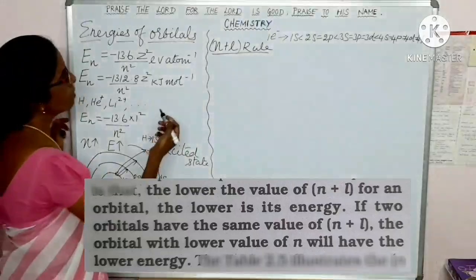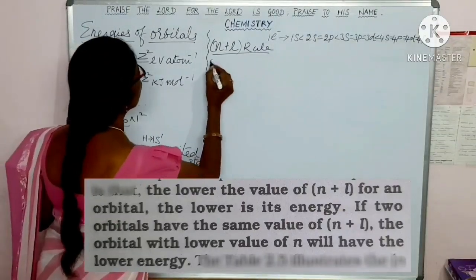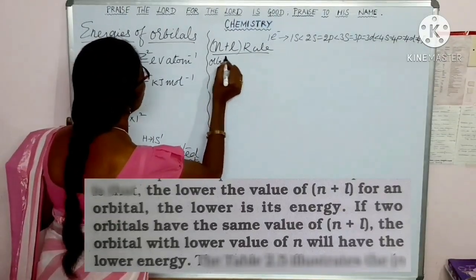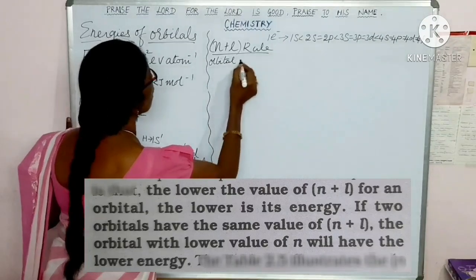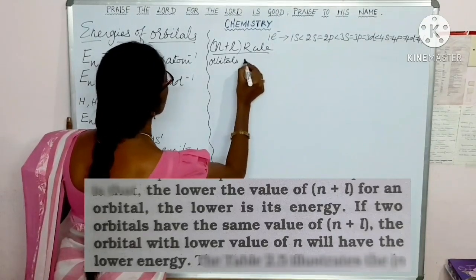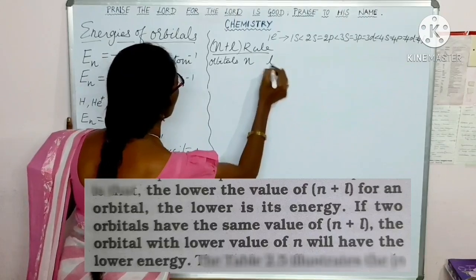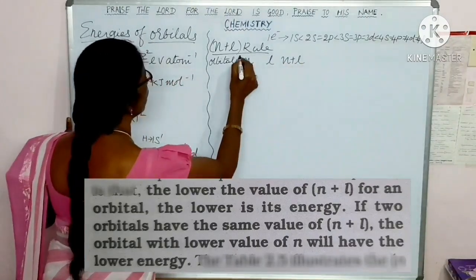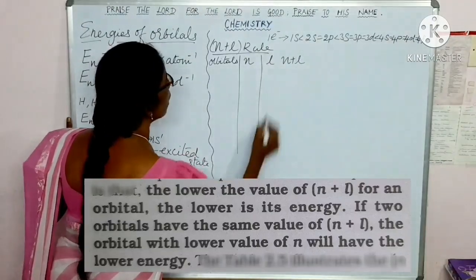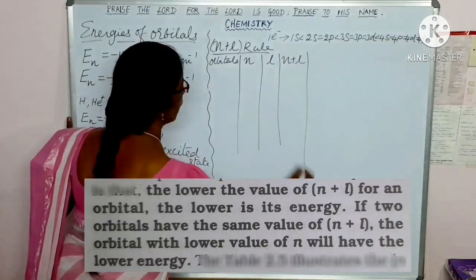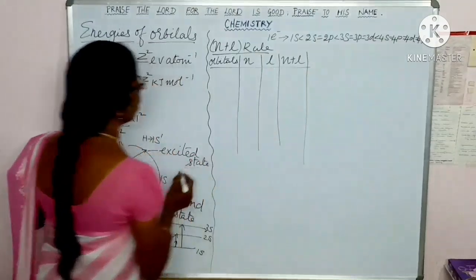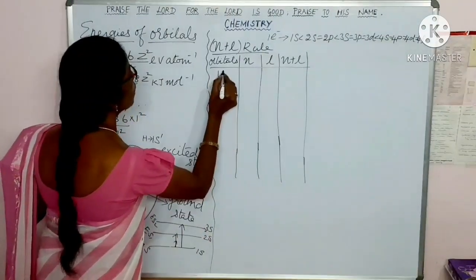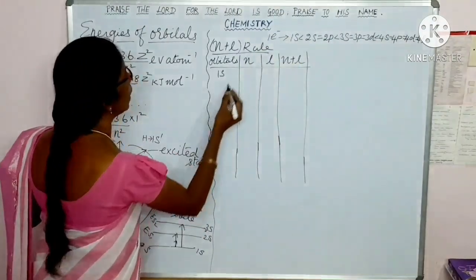So now let us see how to apply this. First write the orbital. Next you write the n value, then the L value, then the n plus L value. I will write only for a few orbitals. You can derive the rest by yourself later. First orbital is the 1s orbital.